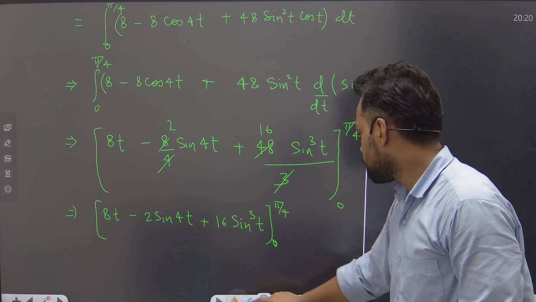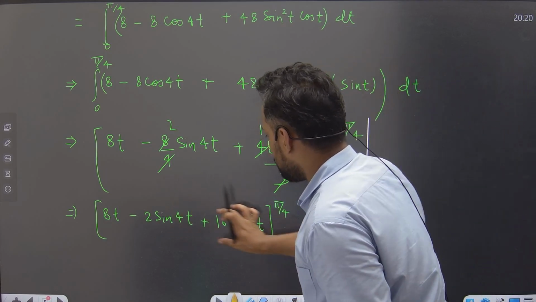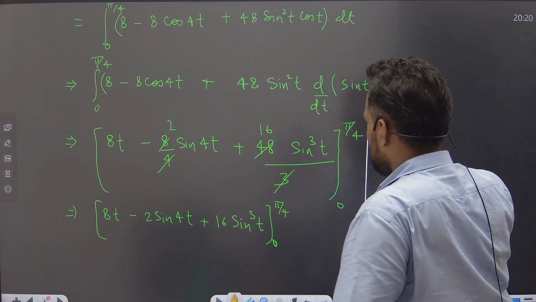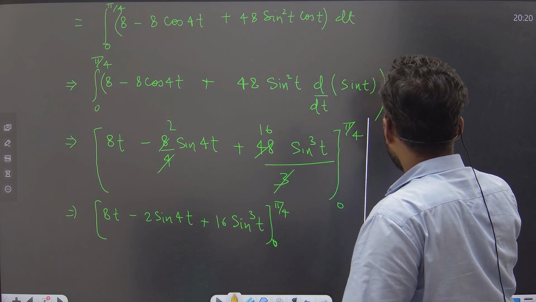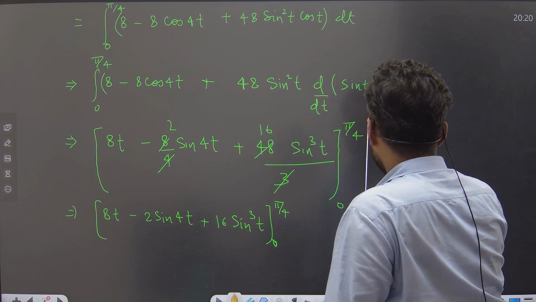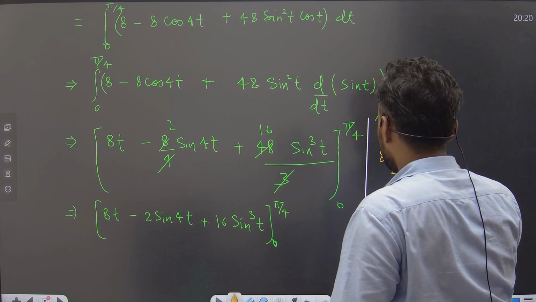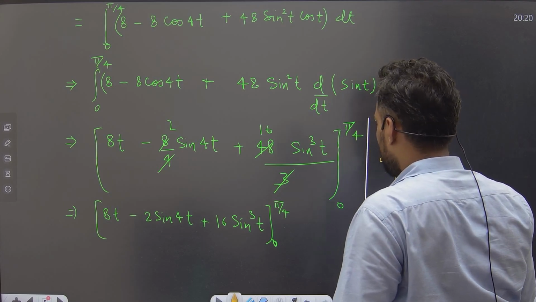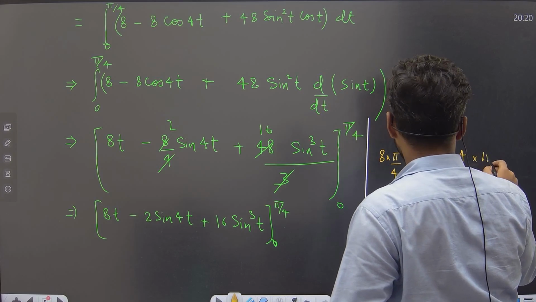So on keeping pi by 4 in this expression, what we'll get? 8 times of, at pi by 4, I'm writing here, students, at pi by 4. So we'll get 8 times of pi by 4 negative of 2 times of sine 4t, sine 4 into pi by 4.